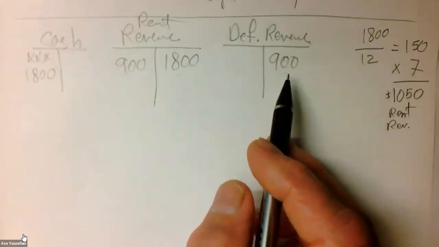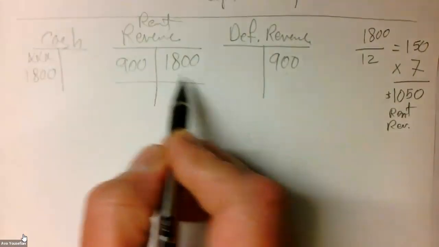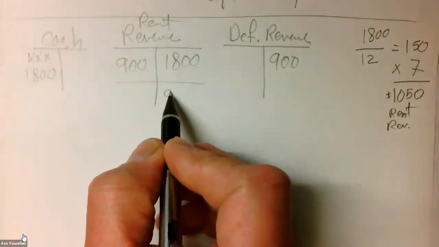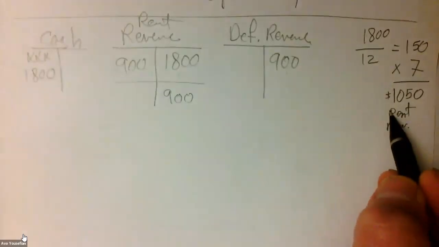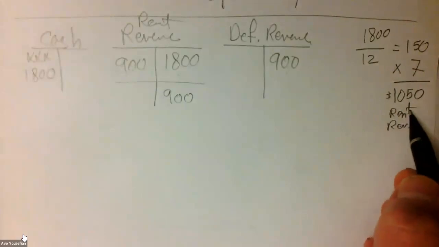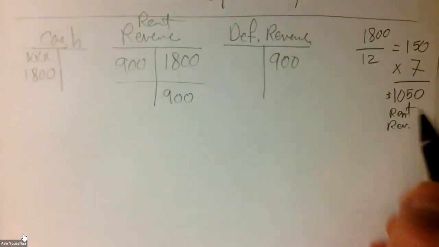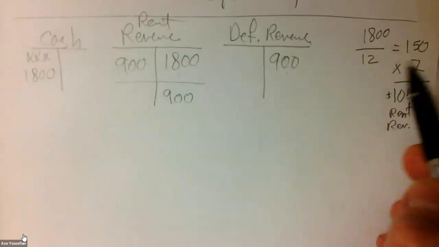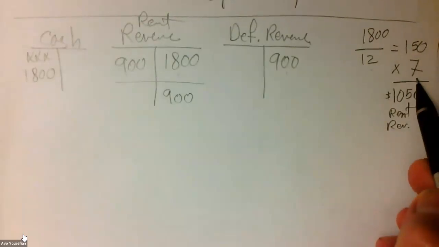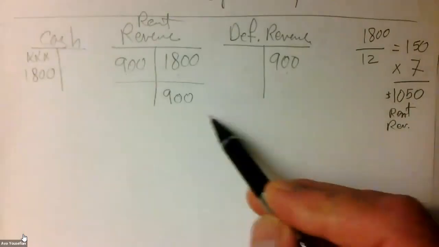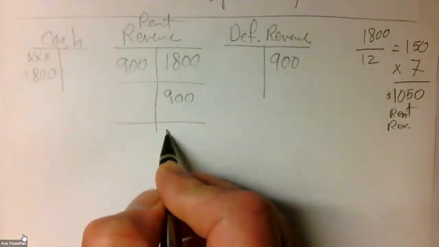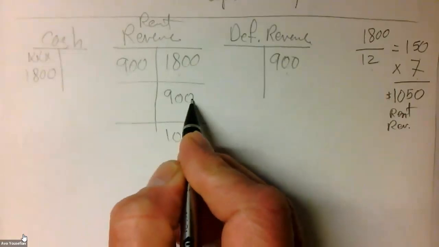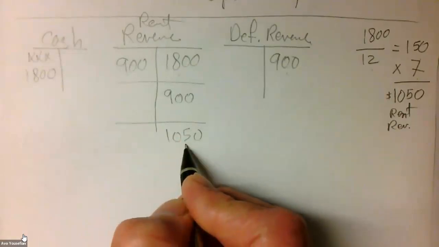That's a credit. So by doing that, my rent revenue is only $900. But how much rent revenue do I need? $1,050, right? 1,800 divided by 12 is $150 a month times 7 months. That's $1,050. How much do I have? 900. How much do I want? 1,050.